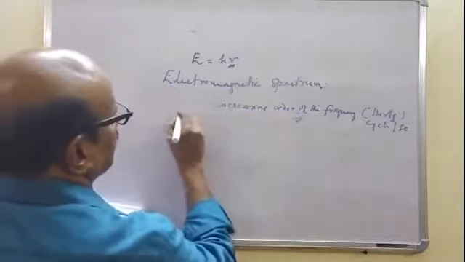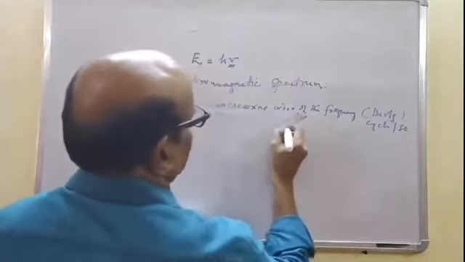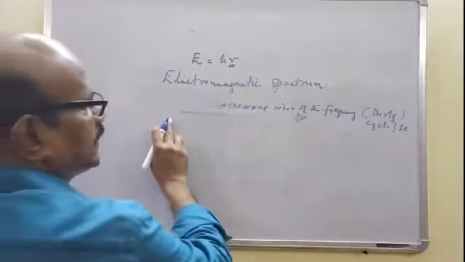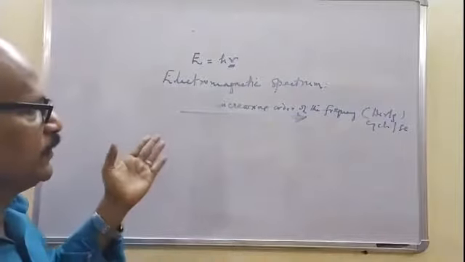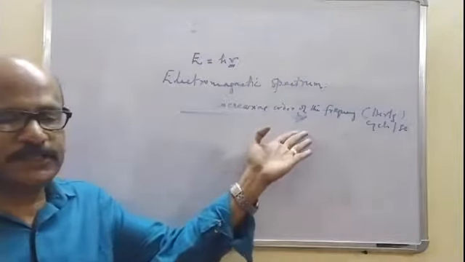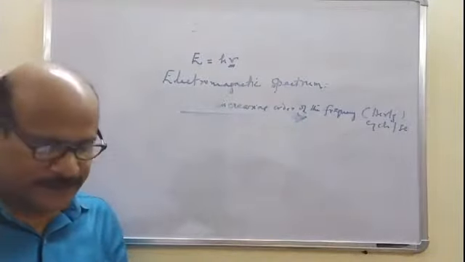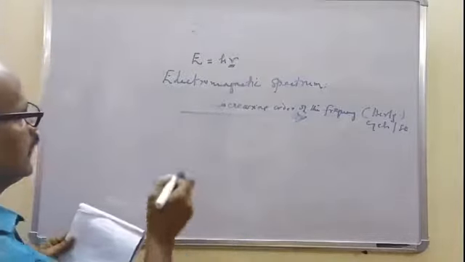This is the low frequency region, this is the high frequency region. When going from left to right, the frequency of the radiation increases in cycles per second.